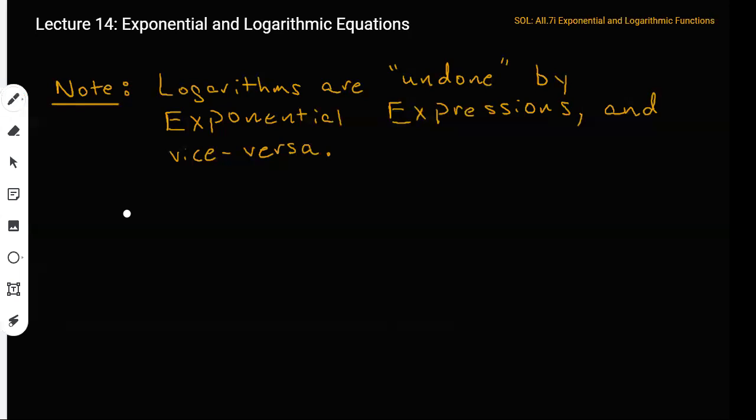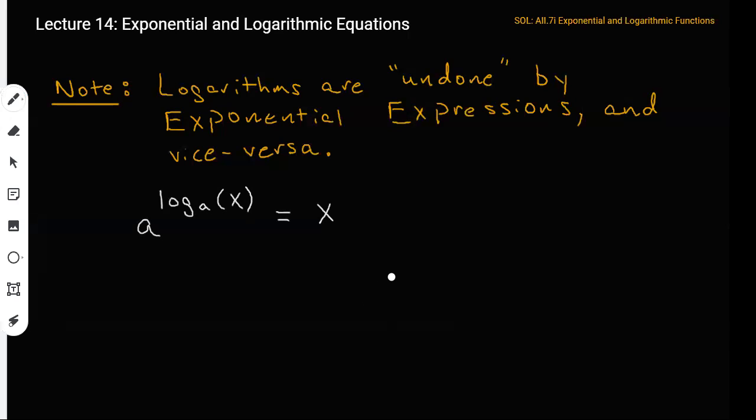So what you're going to see is that when you have a number, let's say it's A, we'll treat that as the base. And if we want to undo this exponential expression, what we need to do is use a logarithm. So what you'll see is when you raise it to a logarithm power, you get back what's inside parentheses.